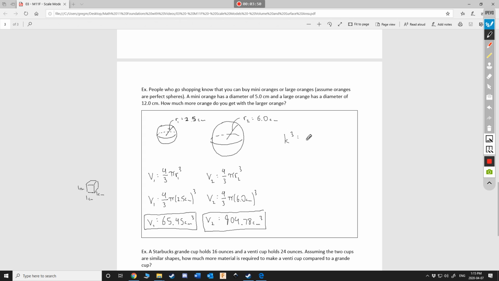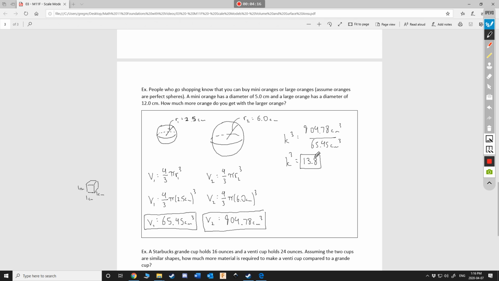K cubed is equal to 904.78 centimeters cubed divided by 65.45 centimeters cubed. We get around 13.8, so you get 13.8 times more orange. And that's the long way of solving.